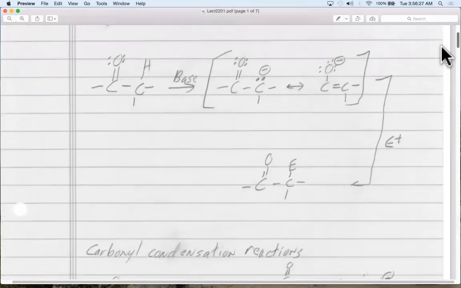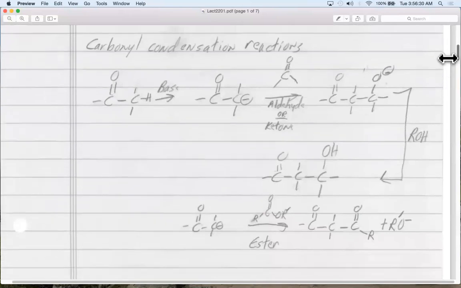Now the second type of reaction is a carbonyl condensation reaction. And what basically happens is two compounds containing carbonyl groups, remember the carbonyl group is the C=O, combine together. The first step is the same. The base comes in and pulls off one of the alpha hydrogens.